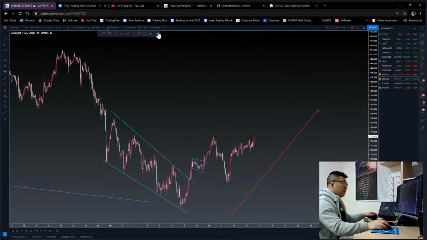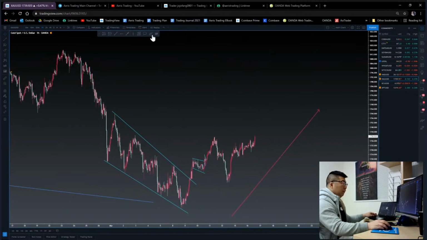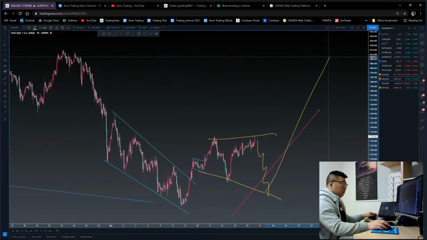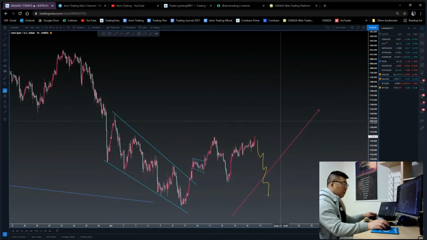Ultimately I still want to look for a buy. If we get a bigger correction, if this move pushes down to the bottom here, making a structure like this, and then continues upwards, then yeah, that's still a bullish continuation. But I'm not really seeing that at this moment. I don't like how price is moving up in this ascending channel. This can still be a correction, but as I usually see when these structures play out, we pretty much have a double top here, and then an M style pattern.